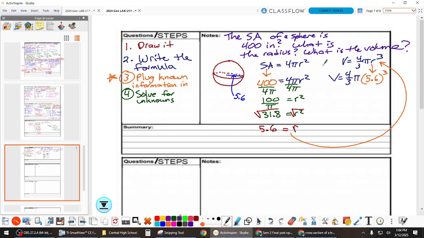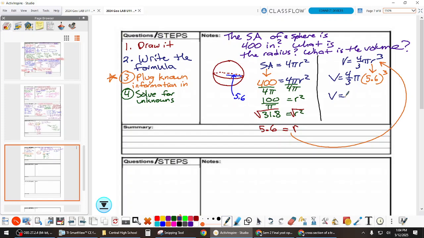Good. Now you just hit buttons to get what? It'll be a fairly decent sized number, probably over 1,000.